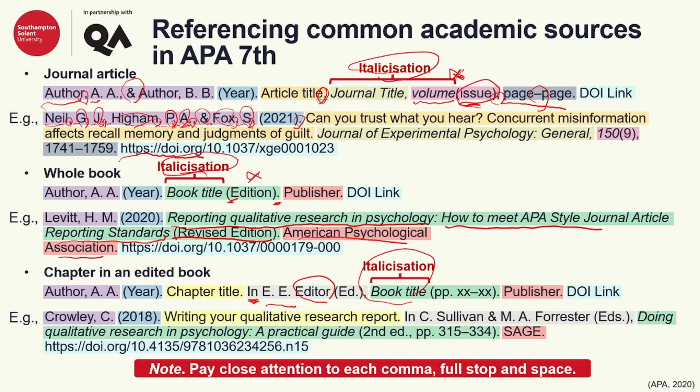Please also note that p. or pp. is used before page numbers for chapters in edited books, but journal article references give the page range without p. or pp. The publisher follows and the DOI is included at the end when available.